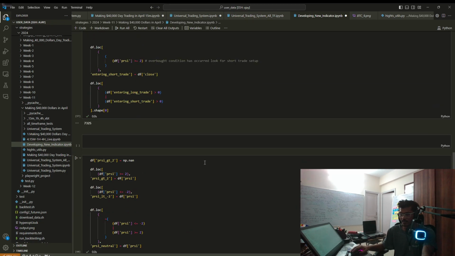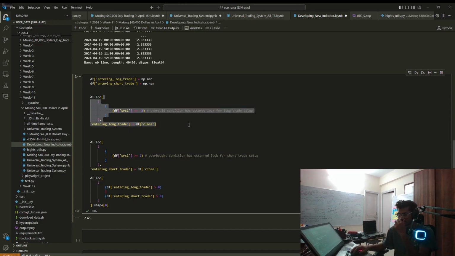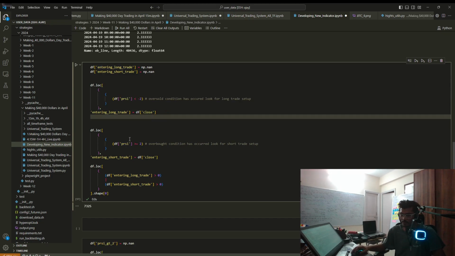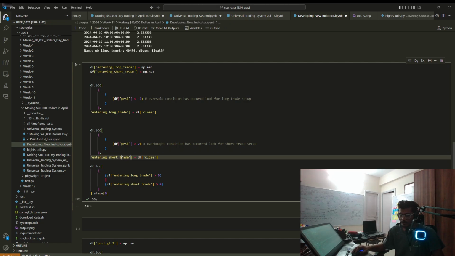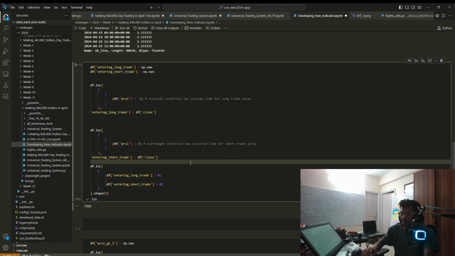So that's why I look at the condition we used here. If PRSI is less than or equal to -2, then we take the close value. If it is greater than 2, then we take the close value on that. Okay, so let's do that.